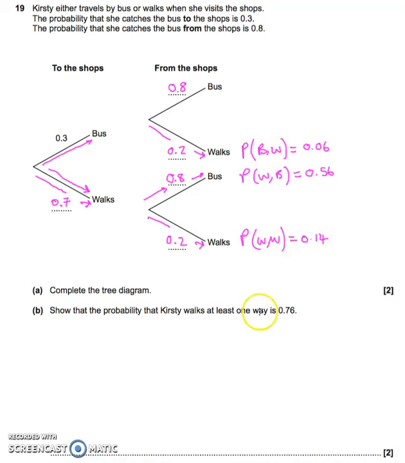Now, for at least one way, we found the 3 different ways that you could be walking: walking both ways, walking once there, walking once back. All we have to do is add these numbers together. So if you add 0.06, 0.56, and 0.14 together, you get what we're after.